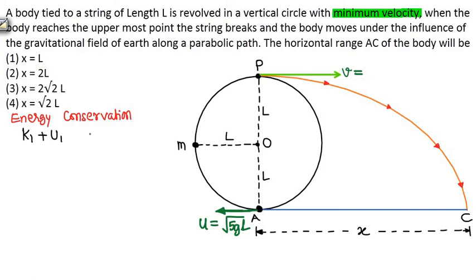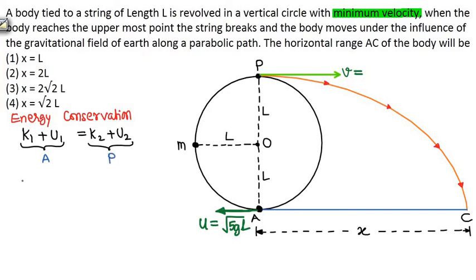K1 plus U1 is equal to K2 plus U2. K1 plus U1 is the initial energy at the point A, the lowest point, and K2 plus U2 is the final energy at the topmost point P.